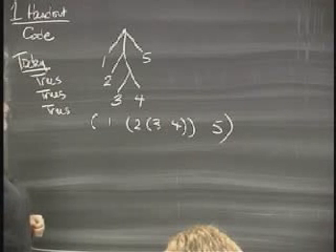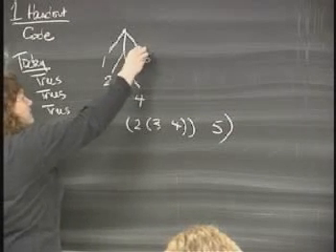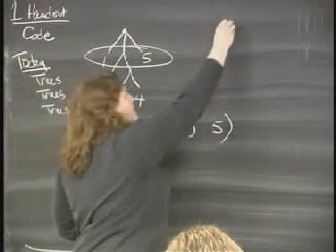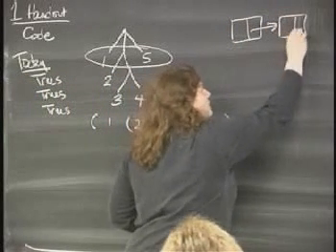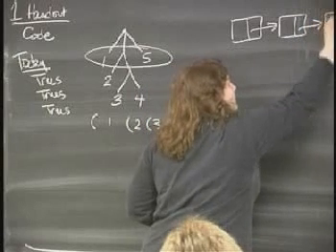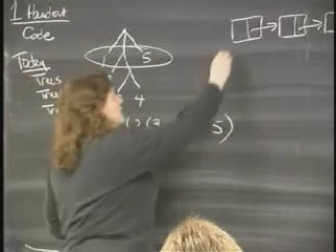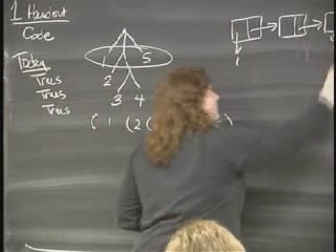Okay, so the way we can look at this diagram is this here is a 3-element list. First element is 1. Last element is 5.